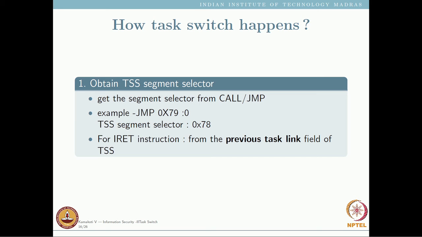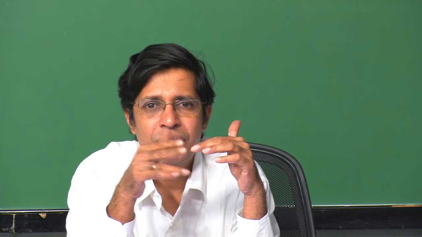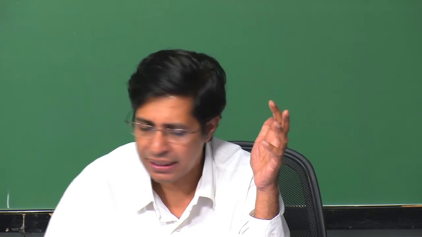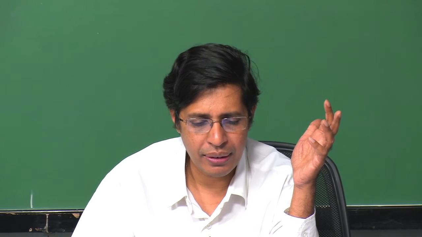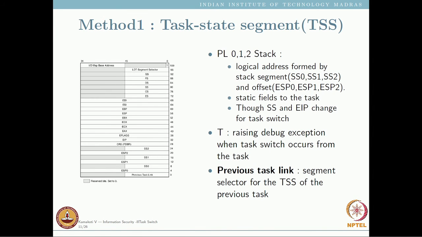So, for the IRET instruction, you get this from the previous task link field of the TSS. If I do an IRET, it also returns from the task, so it is also a task switch. I am returning from a particular task to another task. As I told you in the previous slides, there is a previous task link that you see on your left hand side.